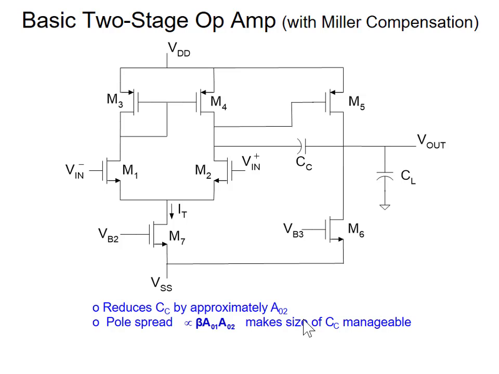So, P2 should equal 1 over CL, and I said it was GM5 plus G out 5 plus G out 6. Francisco pointed out I missed 2, plus G out 4 plus G out 2. Thank you.